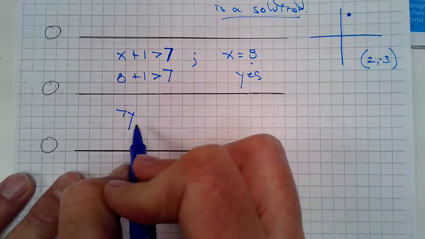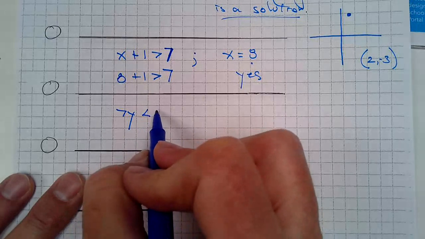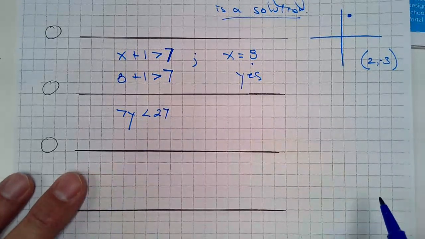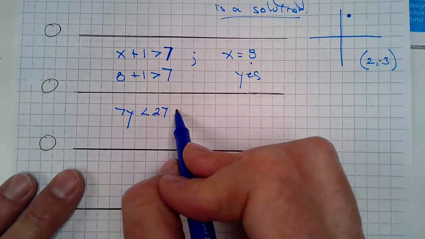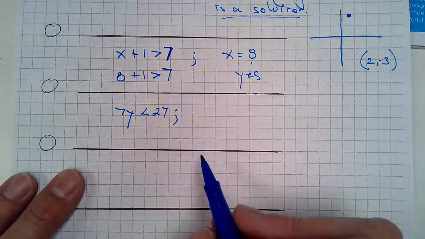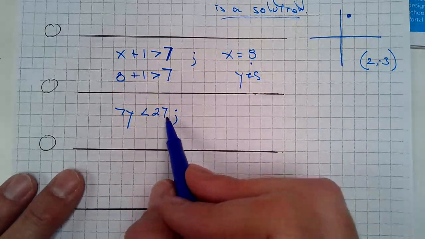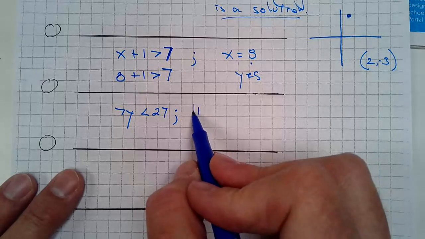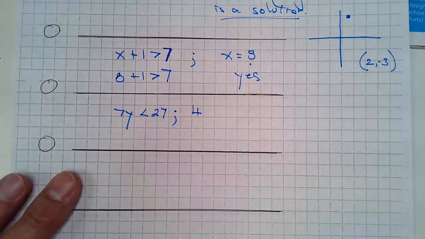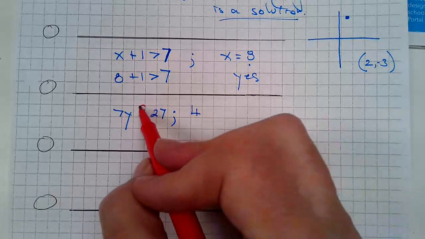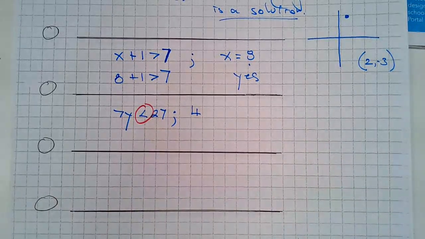Let's look at another one here. How about 7y is less than 27. They want to know if the given value is a solution for the inequality. Again, I know it's an inequality because it doesn't have an equal sign.